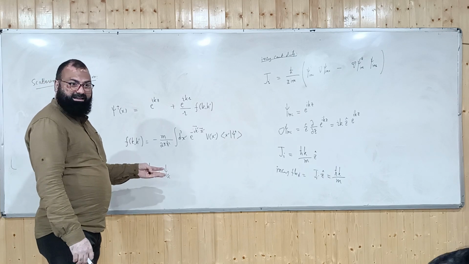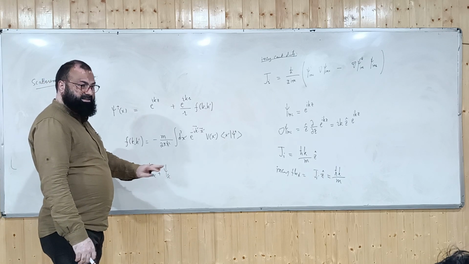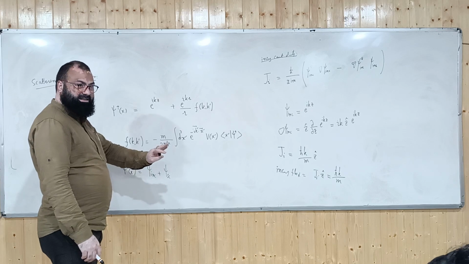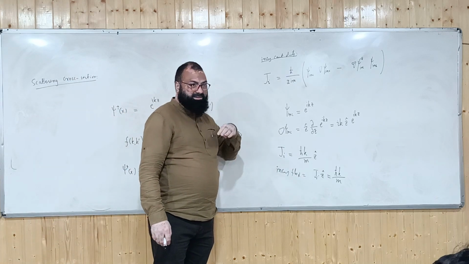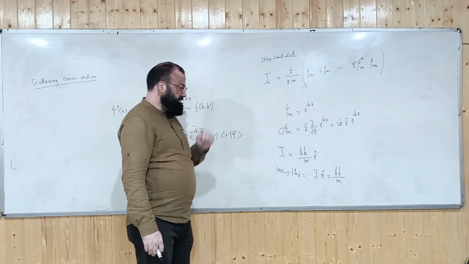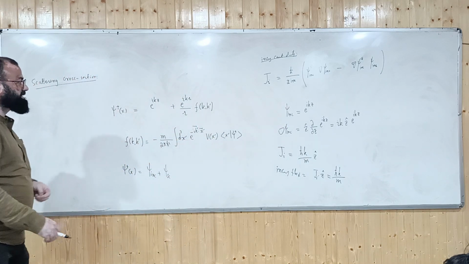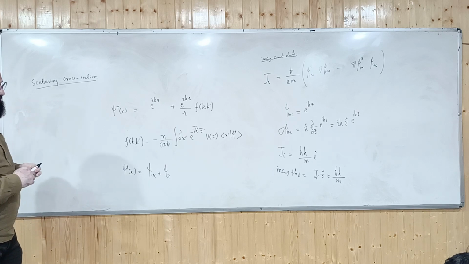Flux is the same as the current density, but flux is a scalar quantity and current is a vector quantity. To remove the vector nature, I have put it along the z direction because I am considering the motion along the z direction. Now let's go to the outgoing current density.